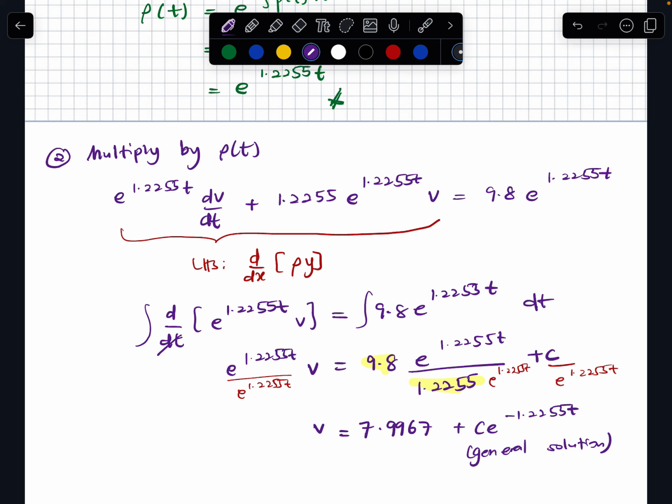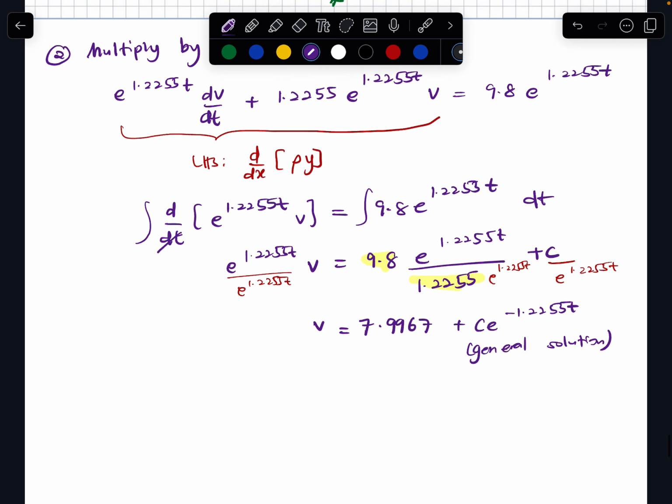Okay. So next we want to apply the initial condition where we said that at t equal to 0, the velocity is 0. So let's replace the value. Then you can obtain C, which is just negative 7.9967.